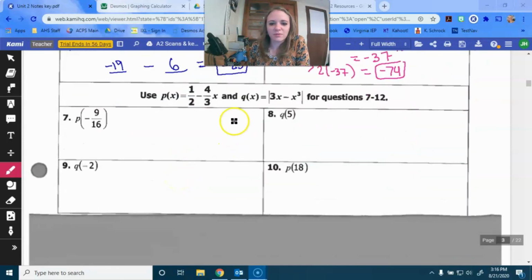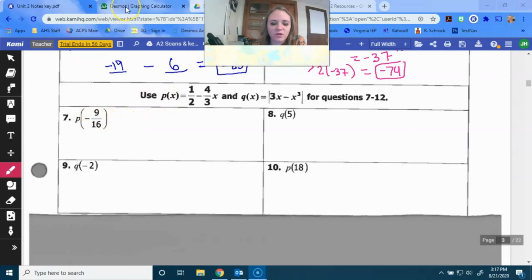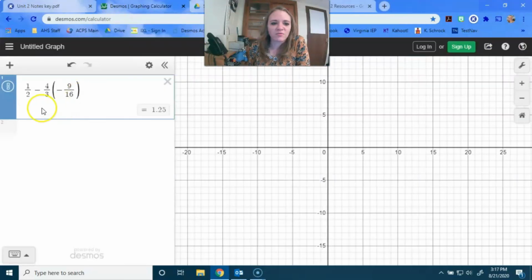All right, so we have some more, just throwing in some more fractions and absolute value. Just to show you, you can do these pretty quickly in the calculator. 1/2 minus 4/3 times x, and then I'm just saying, all right, my x is negative 9 over 16. So if I go to the calculator, 1/2 minus 4/3, and then I plug in my x, and it gives me the value pretty quickly.